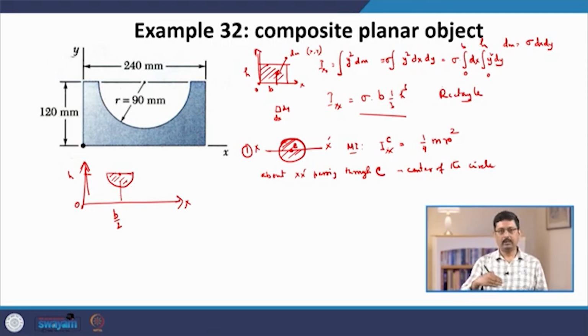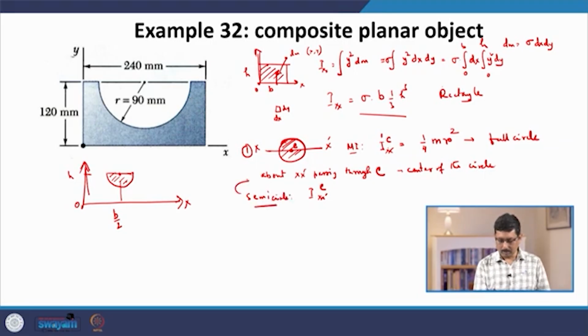Okay. So, then if I now cut the upper half, then for the rest of the half about the same axis, this is the moment of inertia for the semicircle. This is for the full circle, let us call it I prime, and I x prime about C for the semicircle about the same center, same origin and same axis will be half of 1/4 m r square, by symmetry just half of the full.